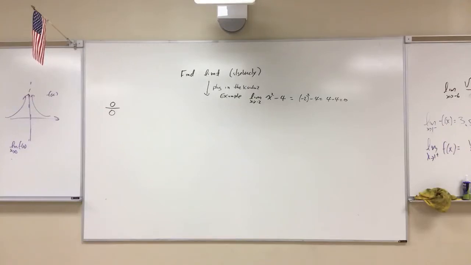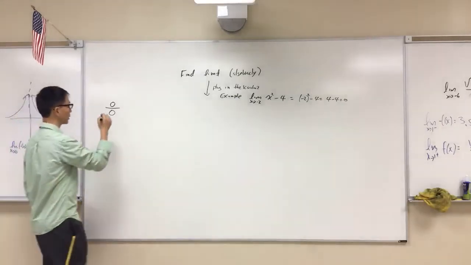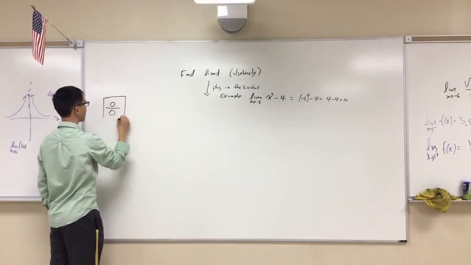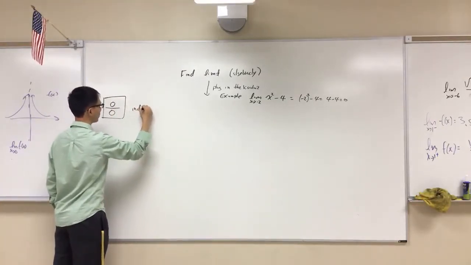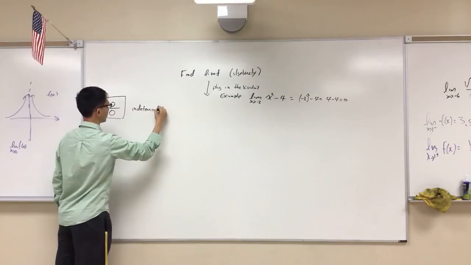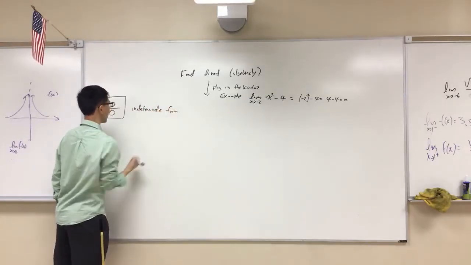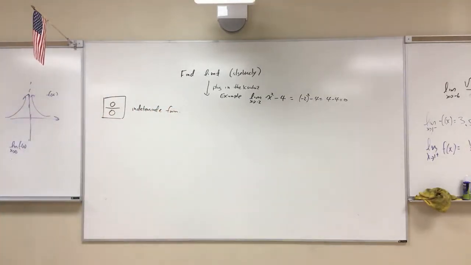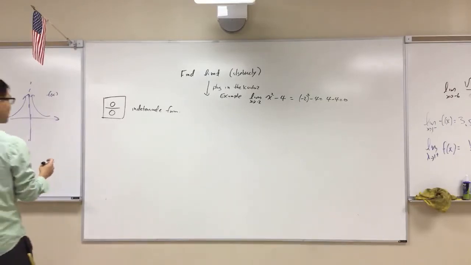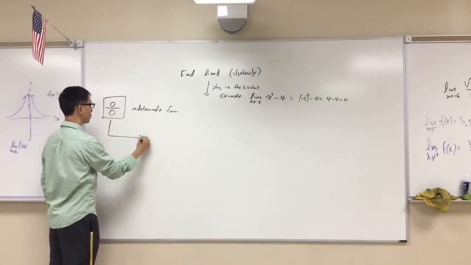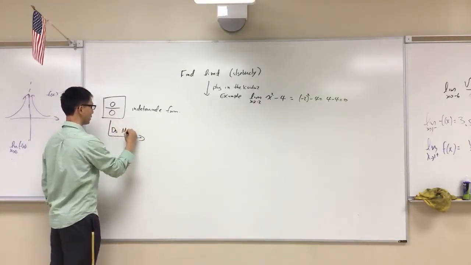But we never understood what to do if you get 0/0. 0/0 is what we call the indeterminate form. Indeterminate form means you don't know what the value equals, but you can do some type of math to it. So if you get 0/0, you're going to do math.